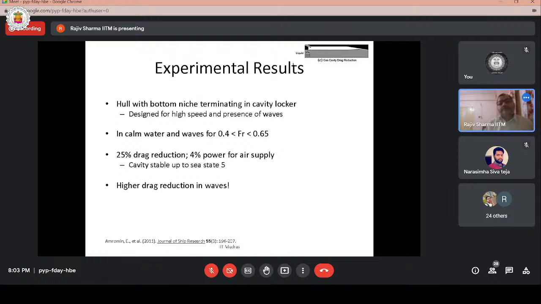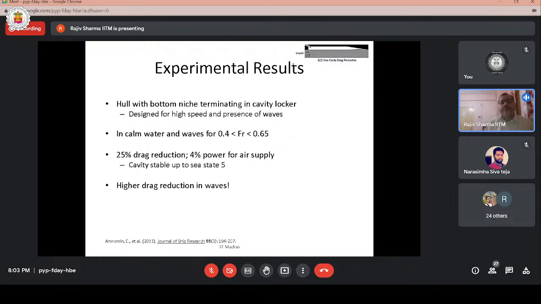Hull with bottom dish terminating in a cavity locker, and that allows you to focus on design with high speed, presence of waves, which will not allow the cavity to become stable. In calm water and waves, it is applicable for very low Froude number, 0.4 to 0.65.